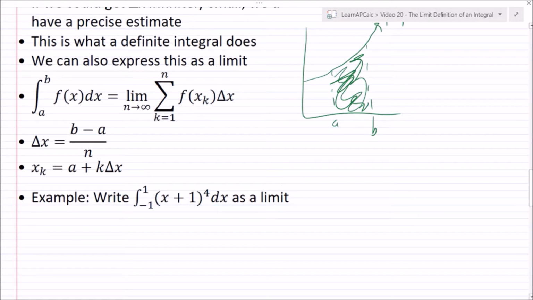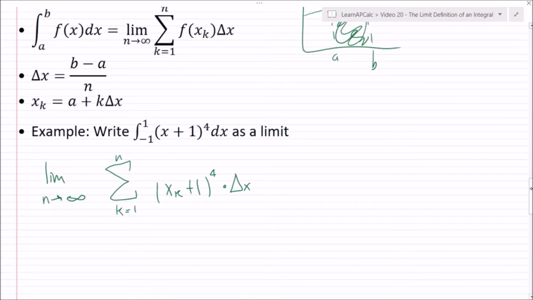So let's see what we can do. Limit as n goes to infinity, and then f of x sub k, so x sub k plus 1 to the 4th times delta x.